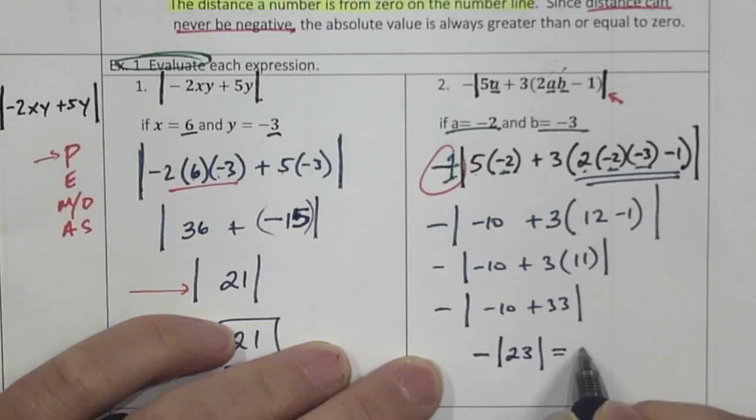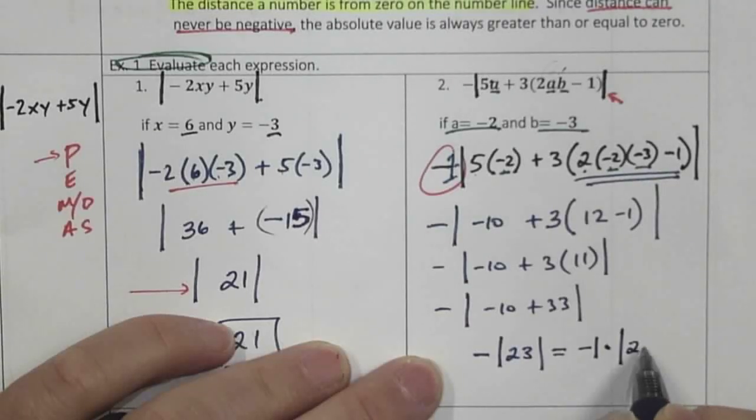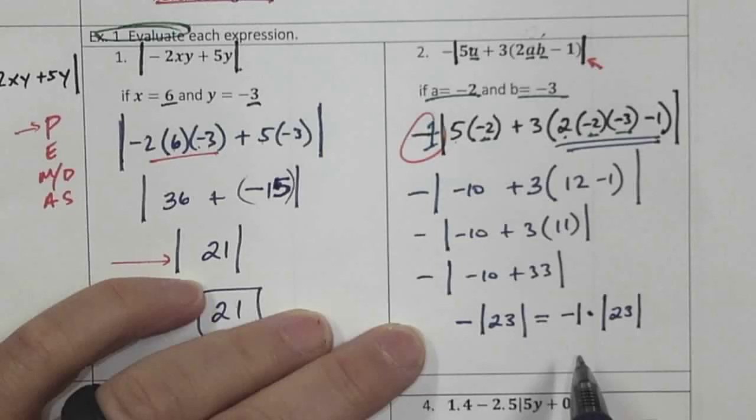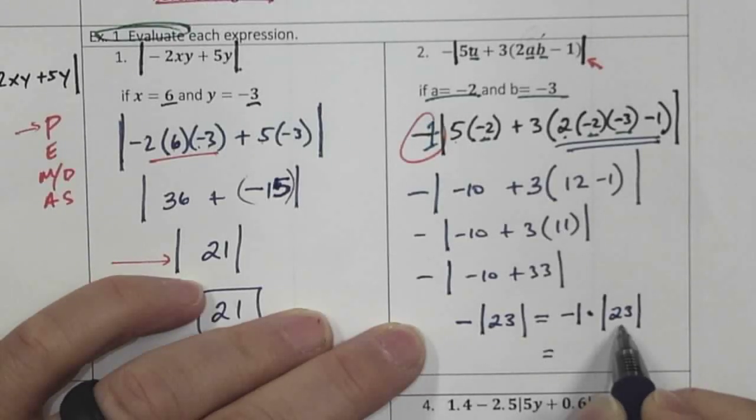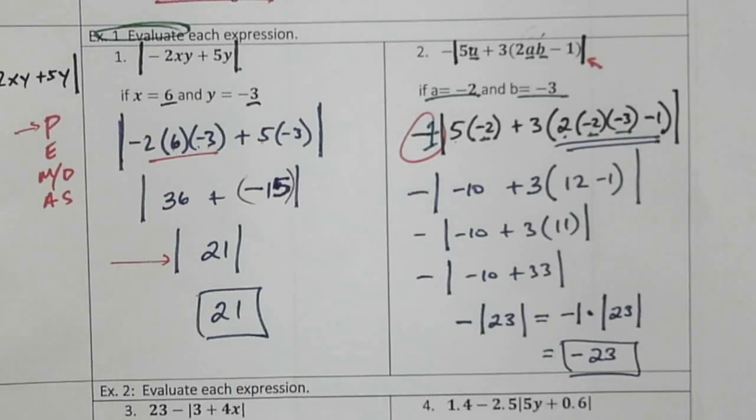This is the same thing as saying -1 times the absolute value of 23. What is the absolute value of 23? It's just +23 times -1. -23. The only reason we get a negative out of this is because there is a negative right there on the outside of the absolute value.